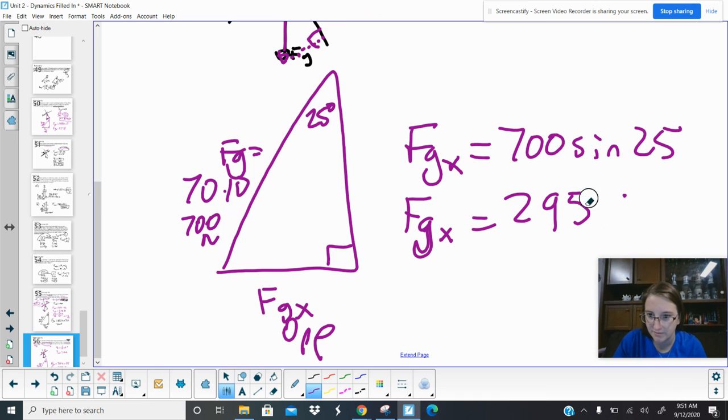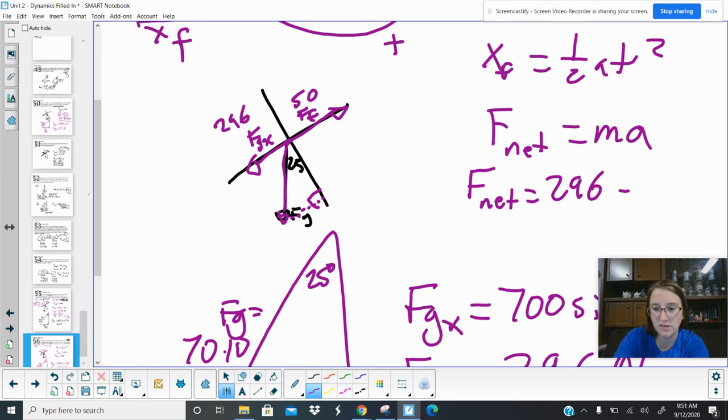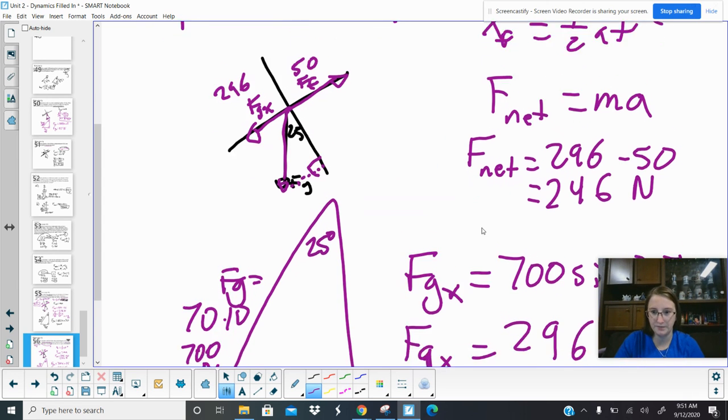I'm going to round up to 6. I'm wishy-washy with how I round things. 296 newtons headed in this direction. So our net force is those subtracted. 296 minus 50. We have a net force of 246 newtons. Then we can go back up and solve for acceleration.